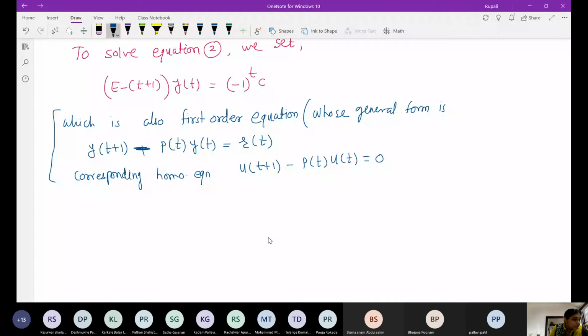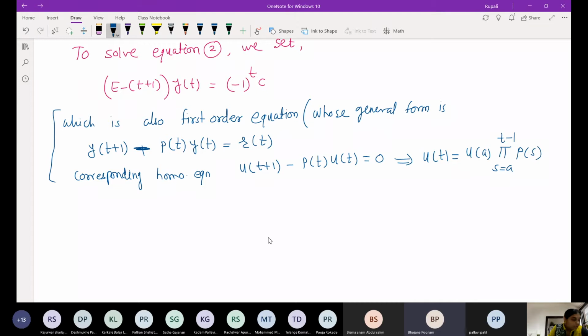What is its solution? We have seen that u(t) is u at a times the product of p(s) from s equal to a to t minus 1. We have already proved this theorem in the earlier chapter.